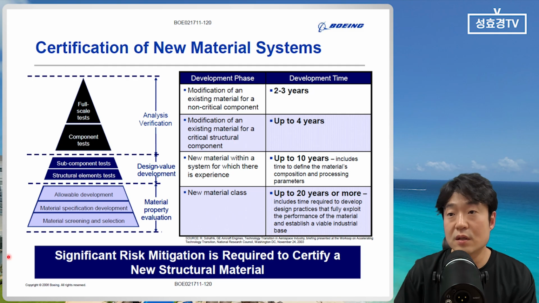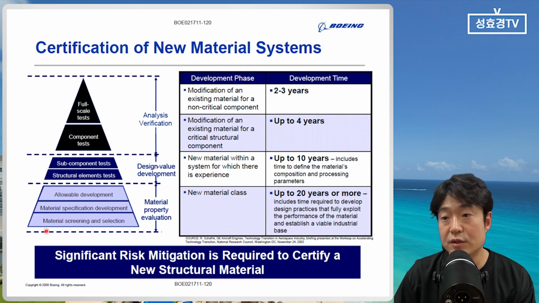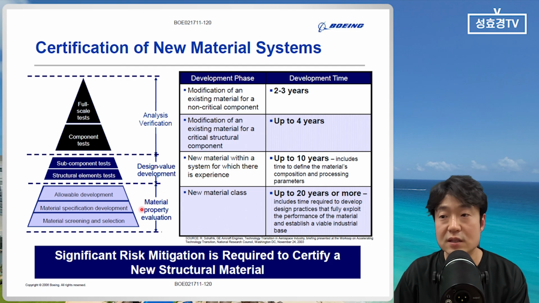At first, there is material screening and selection, material specification development, and allowable development. This is the material property evaluation. So at first, you need to do a lot of work for the test. And after that, you can go further to structural element tests and sub-component tests.